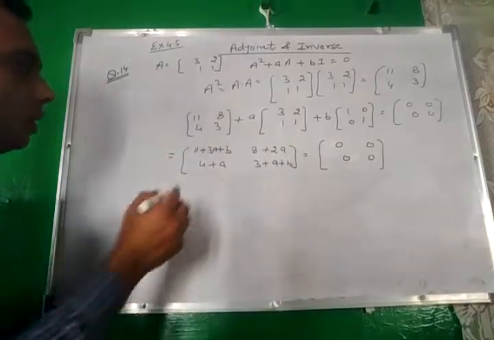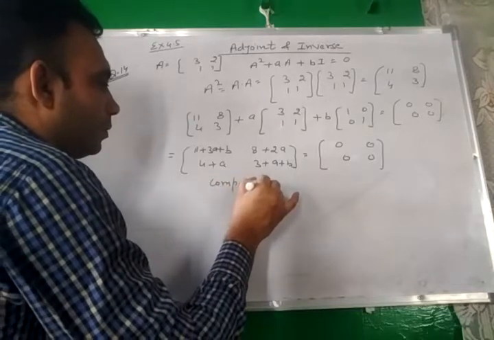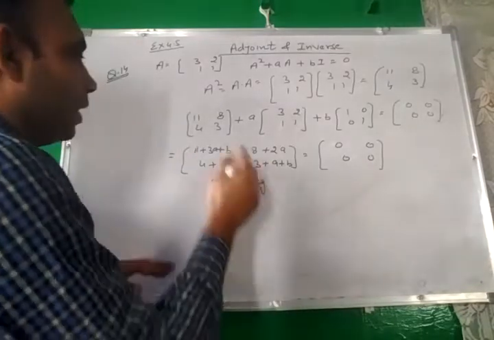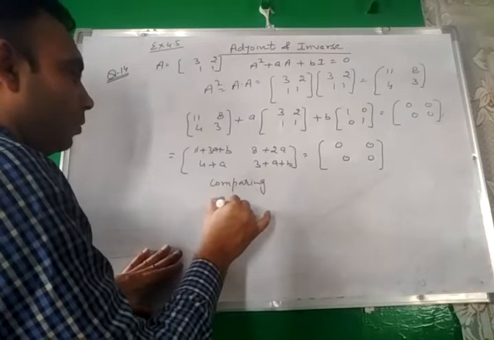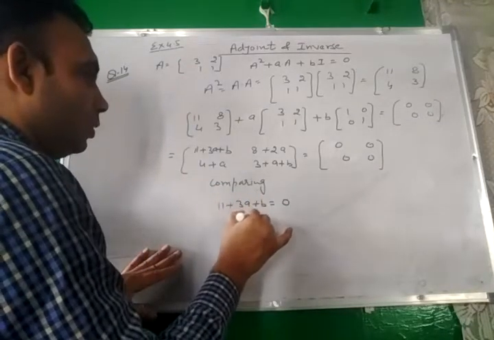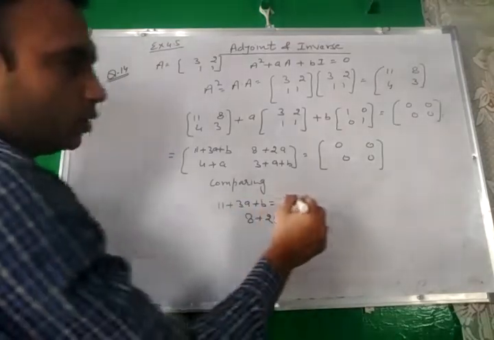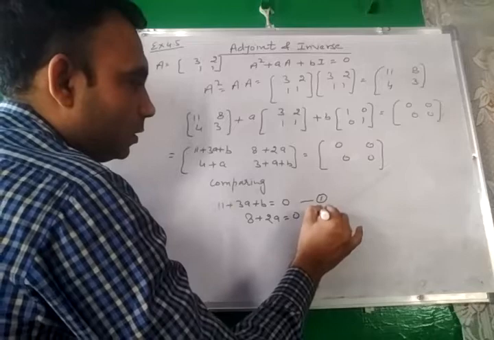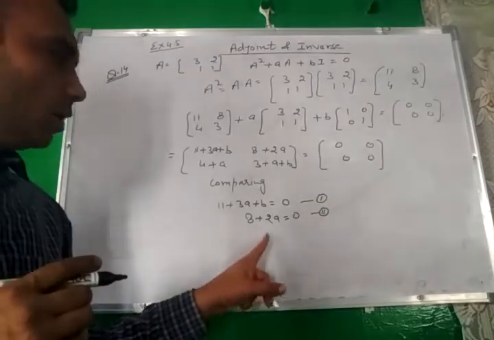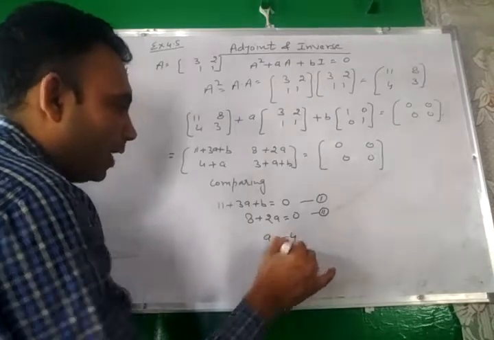So comparing, what we get: 11 plus 3a plus b is equal to 0 and 8 plus 2a is equal to 0. This is first, this is second. From second, 8 plus 2a is equal to 0, so a is equal to minus 4.